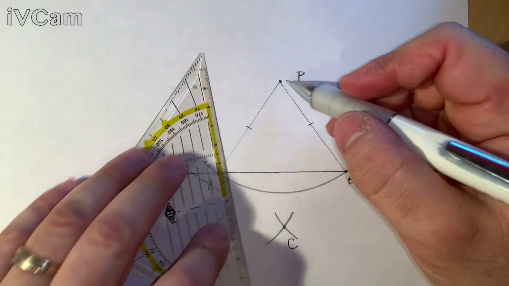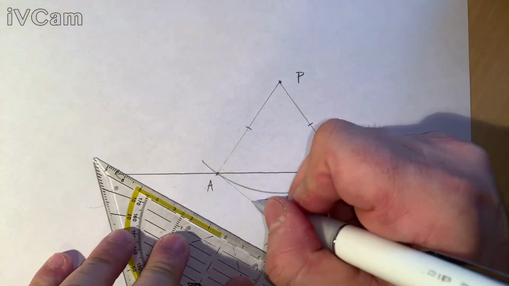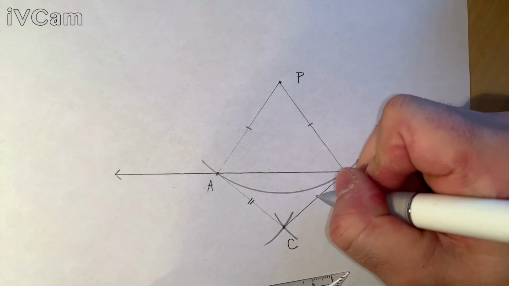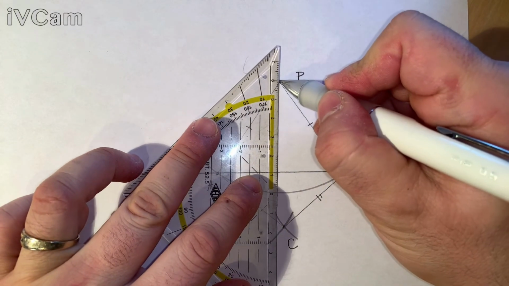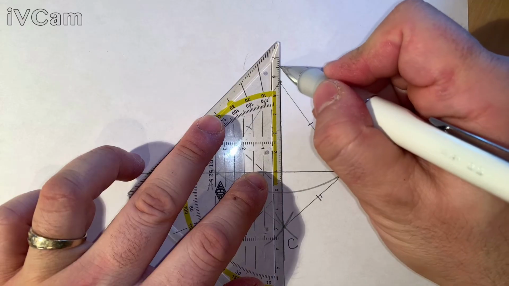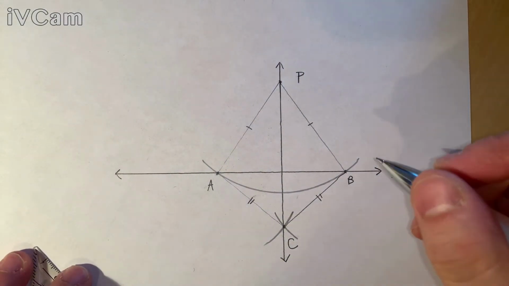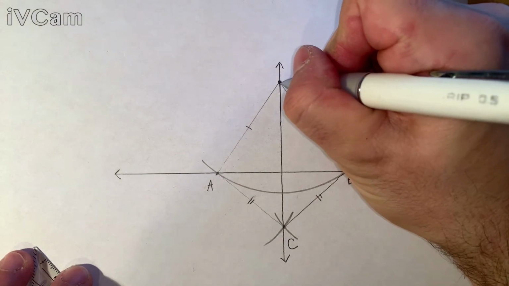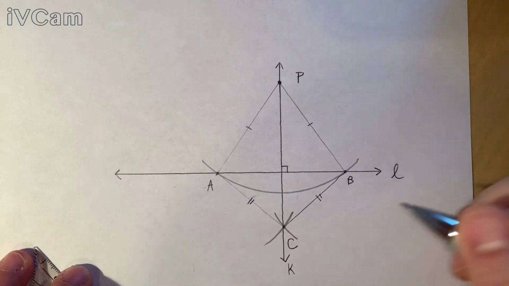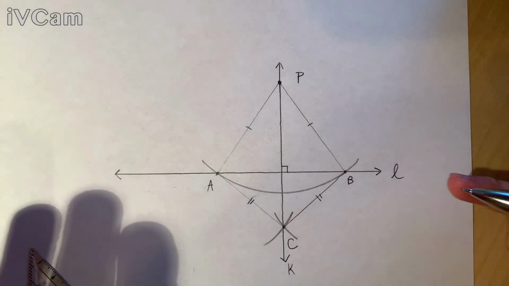So again, what do we know here? That this segment here, AC, is also congruent to segment BC. Okay, so the next step is to connect P and C and extend these and label these as a line. So what we just did is construct a line that is perpendicular, so let's call that line K, perpendicular to line L, and it goes through point P, which is not on line L.